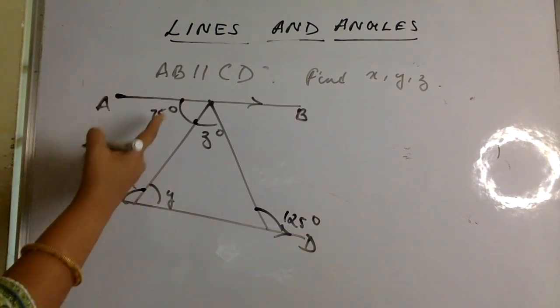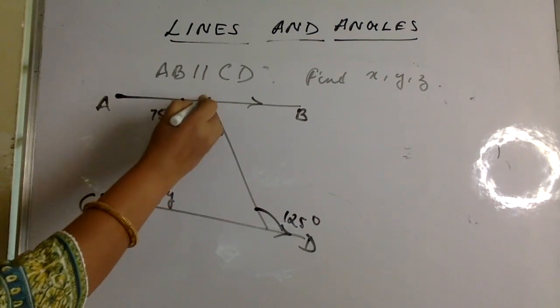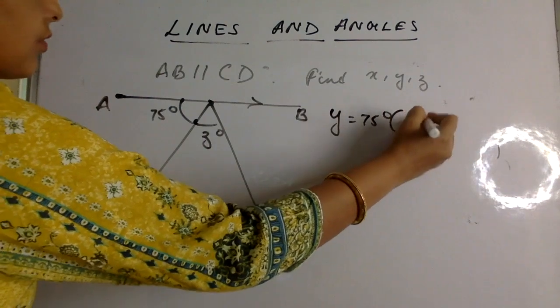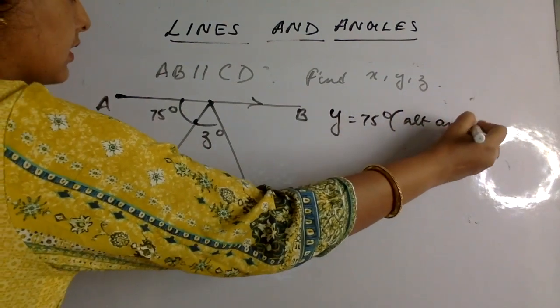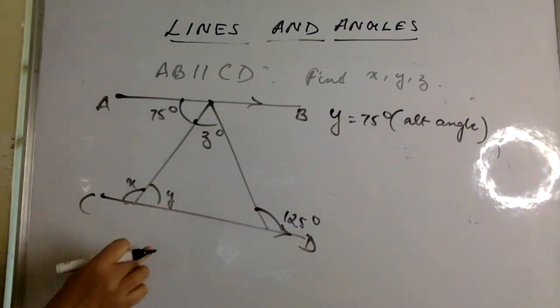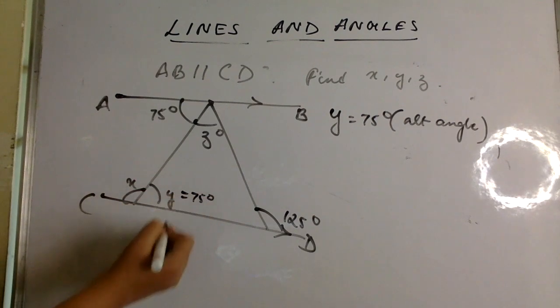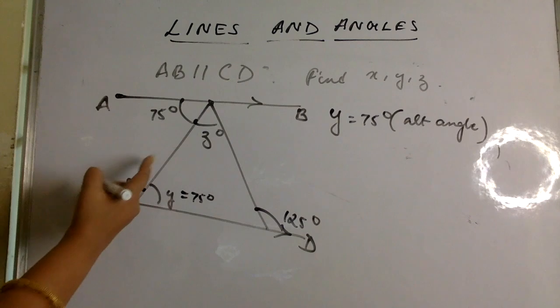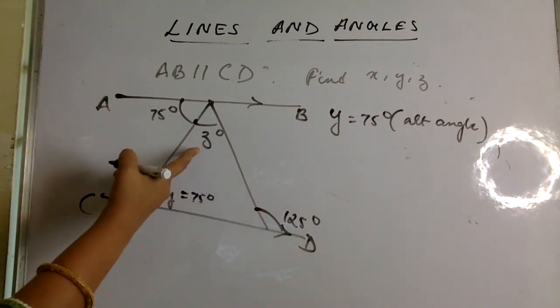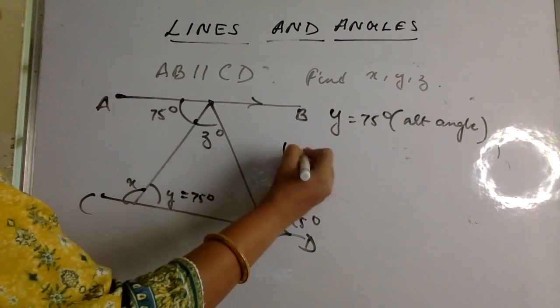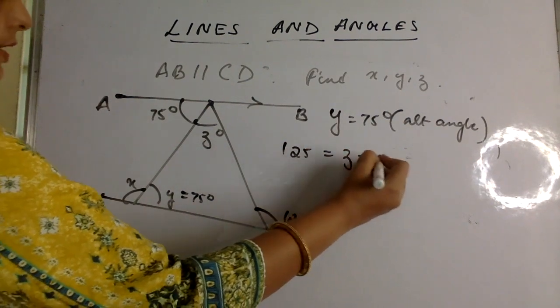So the first thing we note is, if this line is the transversal, then y is equal to 75 degrees, alternate angle, because these two lines are parallel. If this is 75, then you can even use this one as this is 125. So 125 is equal to z plus y.